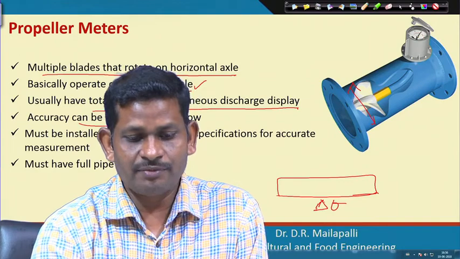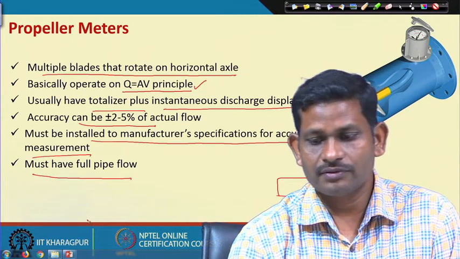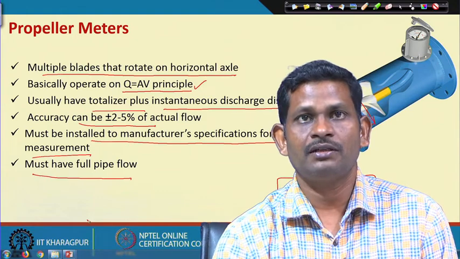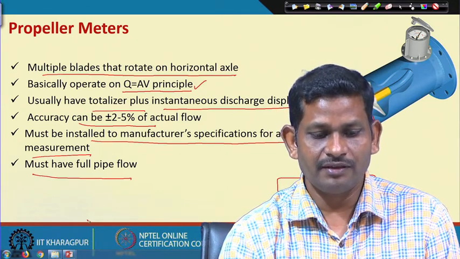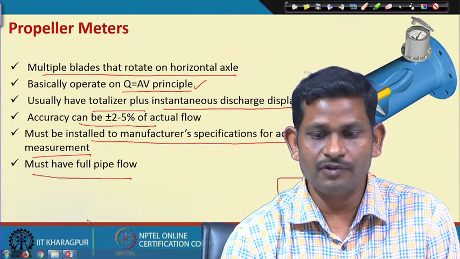The accuracy can be 2 to 5% of actual flow, and it must be installed per manufacturer specifications for accurate measurement. Manufacturers are going to provide a specific calibration curve, so that can be used, and it must have full pipe flow. I mean, all pipe flow measuring devices should have full pipe flow.